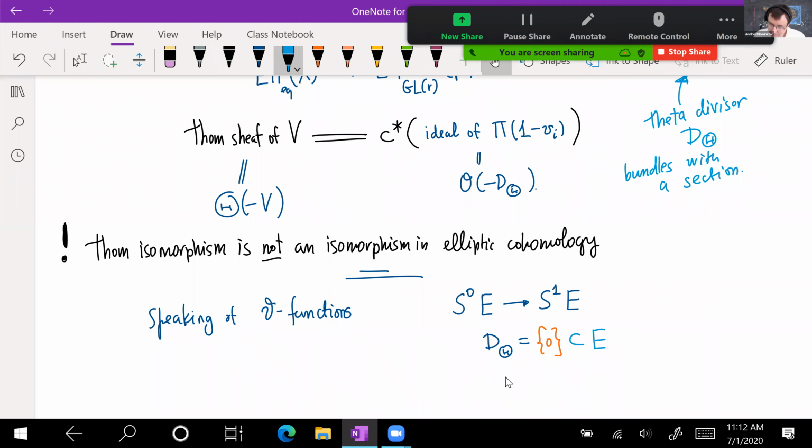So O of d theta has one section, but just the constant function. So O goes to O of this d theta. It's unique, this has one section. So this is a constant section, or maybe a tautological section.